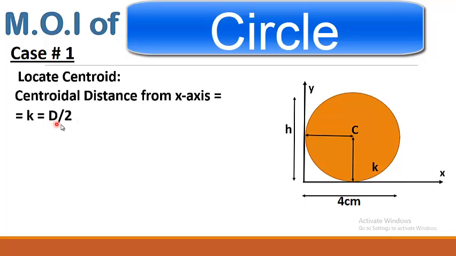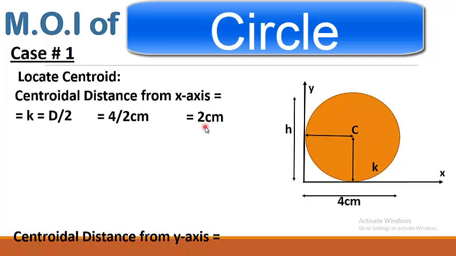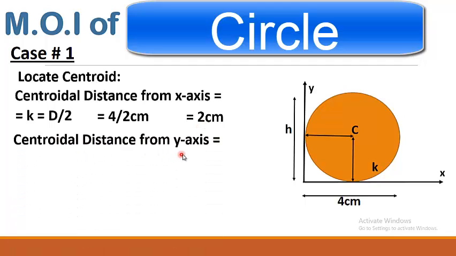So k is equal to the radius, that is half of the diameter, and this distance is equal to 2 centimeters. Now the centroidal distance from the y-axis, that is the distance from the y-axis up to the center of the circle, is represented by r, and it is again equal to half of the diameter, which is 2 centimeters.